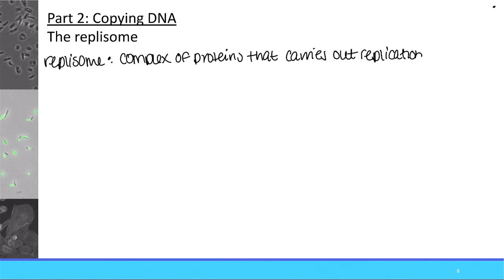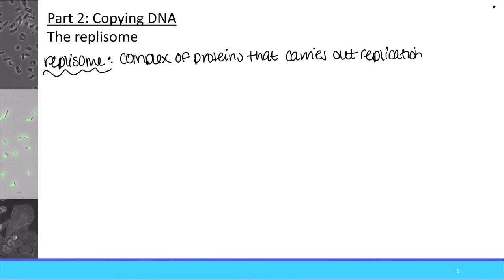So the replisome, let's go ahead and define what the replisome is. The replisome is simply a complex of proteins that carries out replication. So pretty amazing process that happens with replication, as you hopefully saw in the little video clip, but the word is definitely much sexier than what actually happens, at least in my opinion.